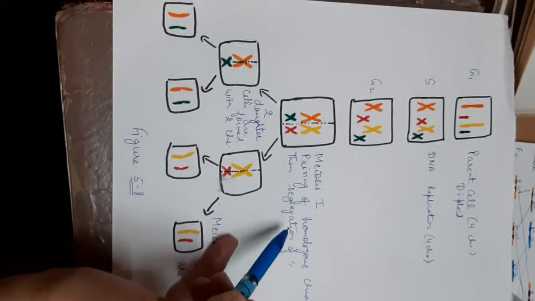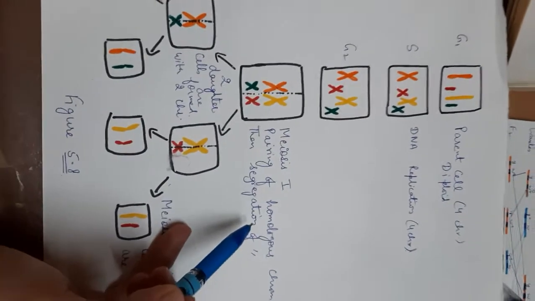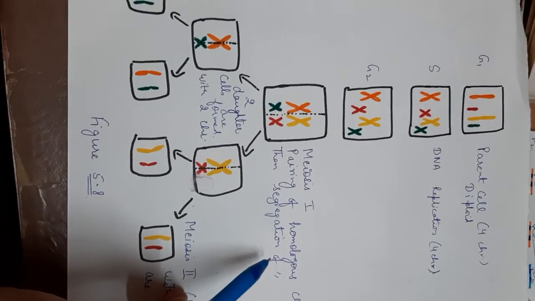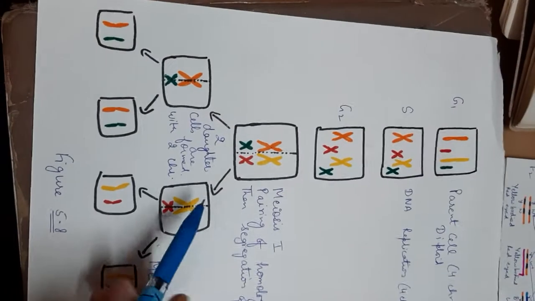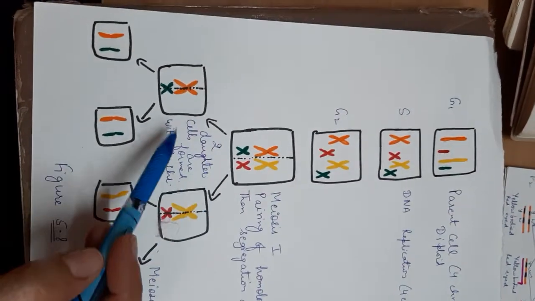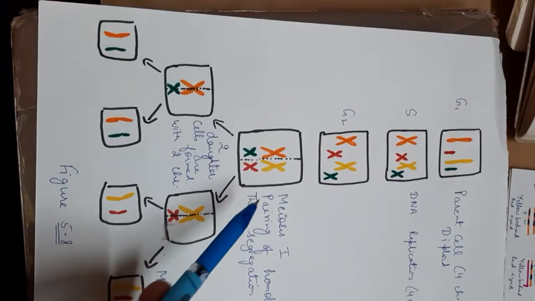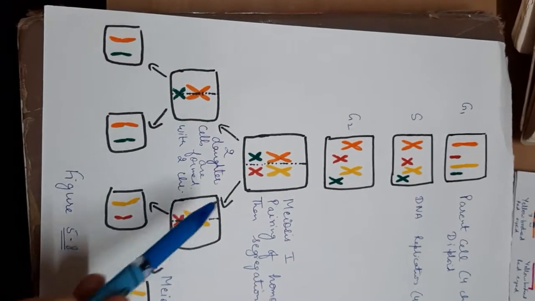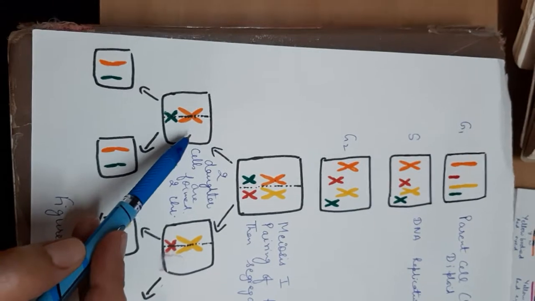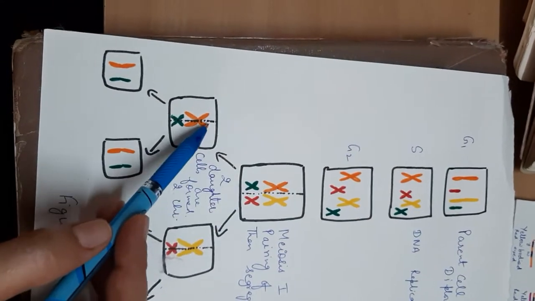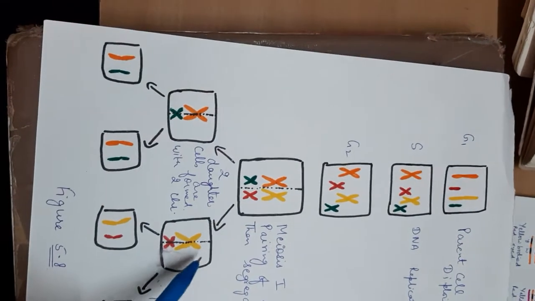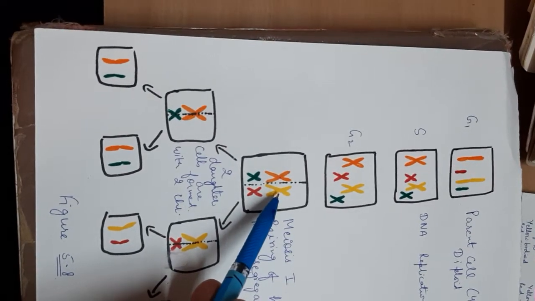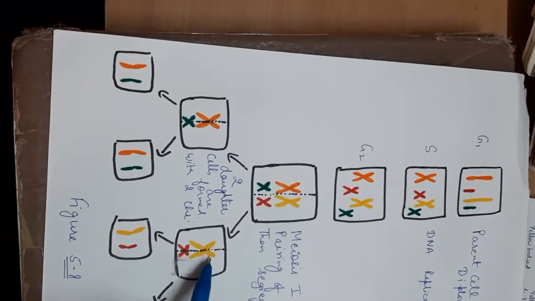This segregation of homologous chromosomes is the first law which was given by Mendel, or sorry, second law which is given by Mendel. Now 2 daughter cells are formed from this cell, and because of the segregation of these chromosomes, this cell will receive one of the homologous pair and this cell will receive the other chromosome of the same pair, right?